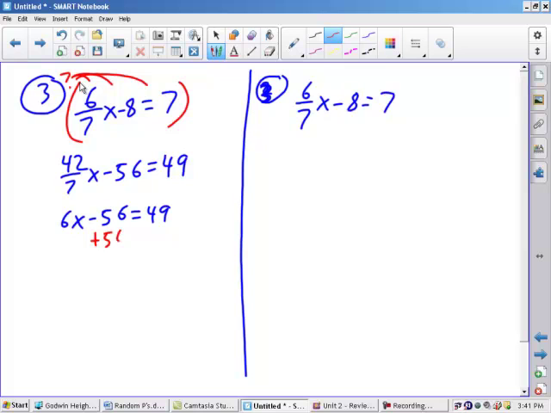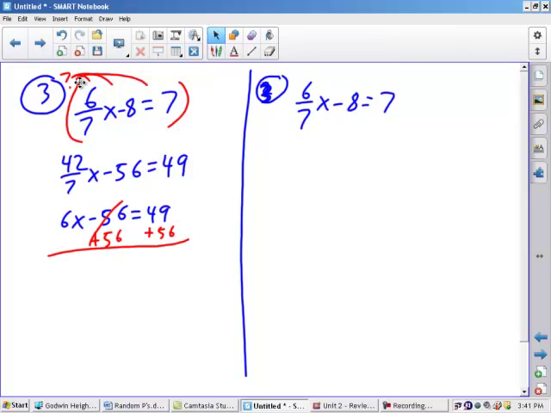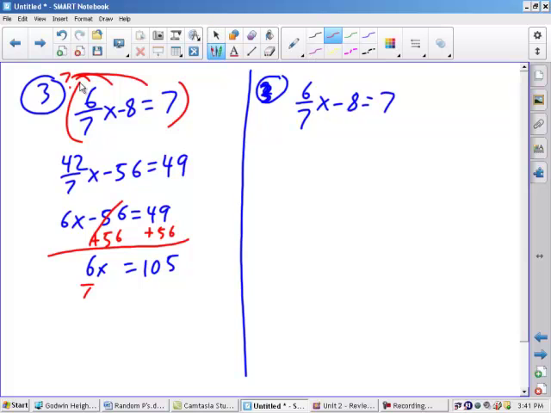I'm going to add 56, and I'm going to get 105 on the right, 6x on the left, divide by 6, and you're left with x equals 17.5. If I do the one on the right, the different method, if I do it right, I should get the same answer.